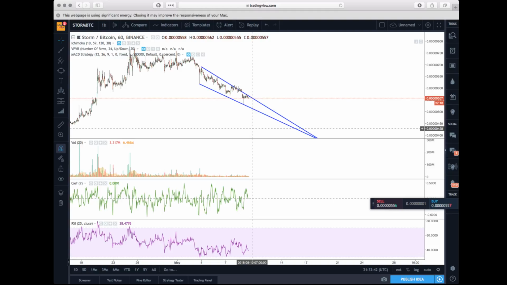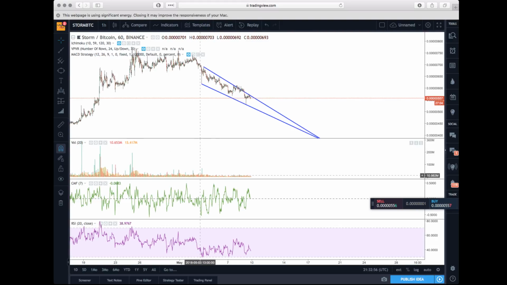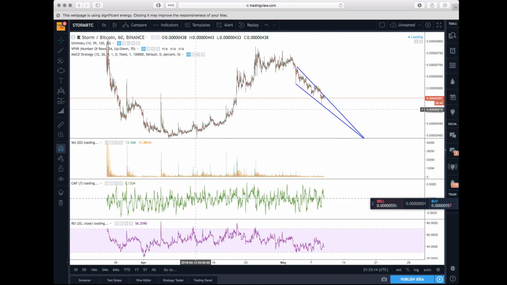Because if the price is going down and the volume is increasing, that's not a great sign. That means the sell volume is increasing, especially if there is more red in here. But if you see the volume decreasing along with the price decrease, that means there's not a lot of interest in selling. The interest kind of dies off over time. The people who wanted to take profit took profit, things like that.